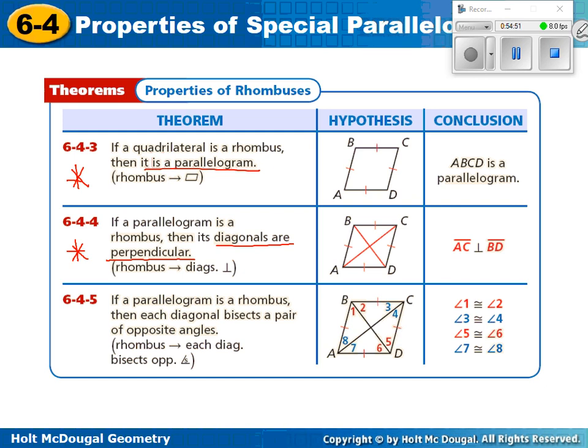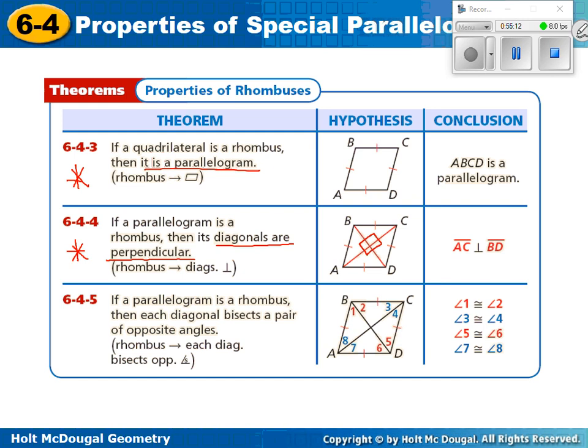Right angles. So they're going to make 4 right angles here. Those diagonals are going to be perpendicular. So a rhombus has perpendicular diagonals.